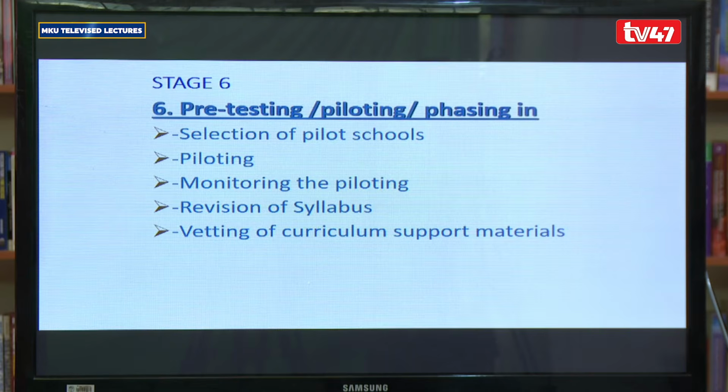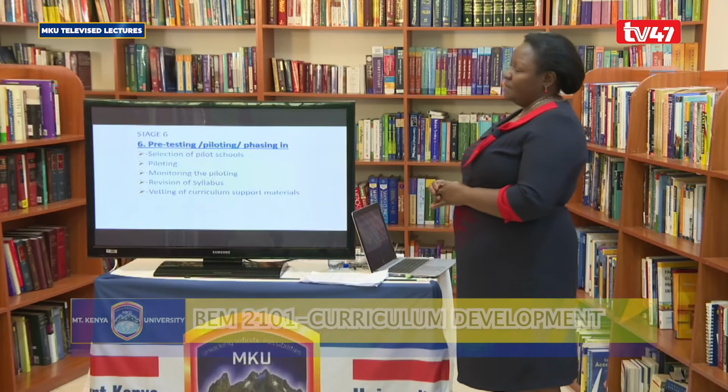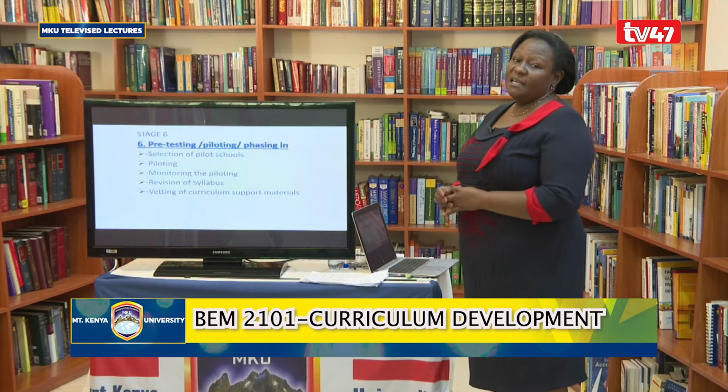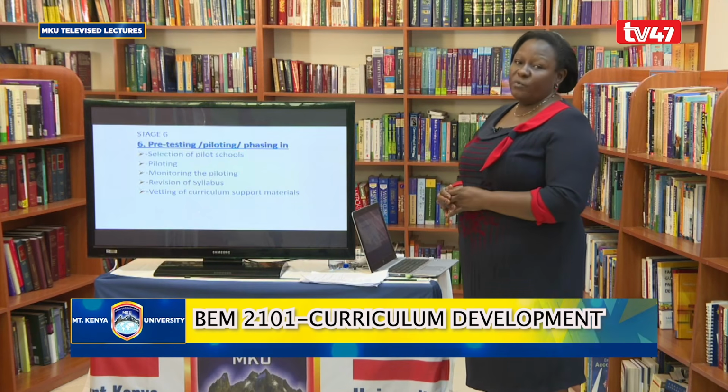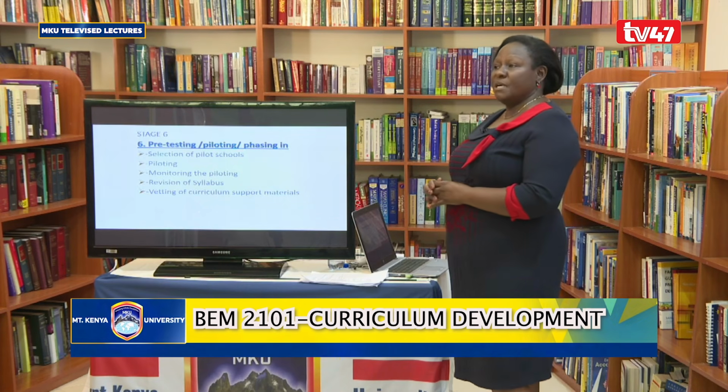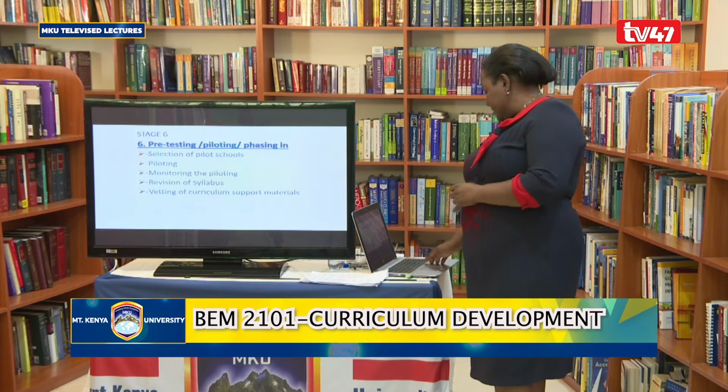Then stage 6 in curriculum development is where we have the pre-testing, the piloting, and the phasing in. This will involve selection of pilot schools, piloting, monitoring the piloting, revision of the syllabuses, and vetting of curriculum support material. Another word for piloting is trying out. So we need to try it out in order to ensure that it will work for us.